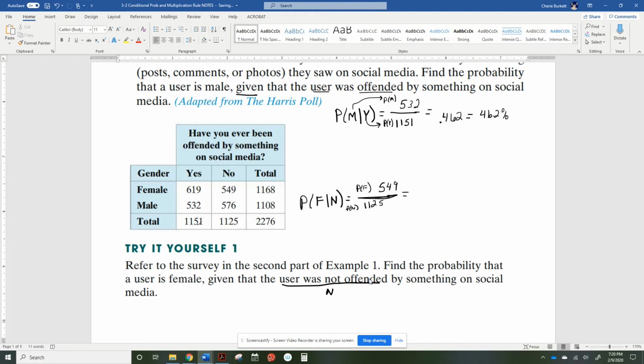No, I didn't. I was looking at another example that I did on another piece of paper somewhere. But no, that's given that the user was not offended. So this number would reduce to 0.488, and the answer would be 48.8%.